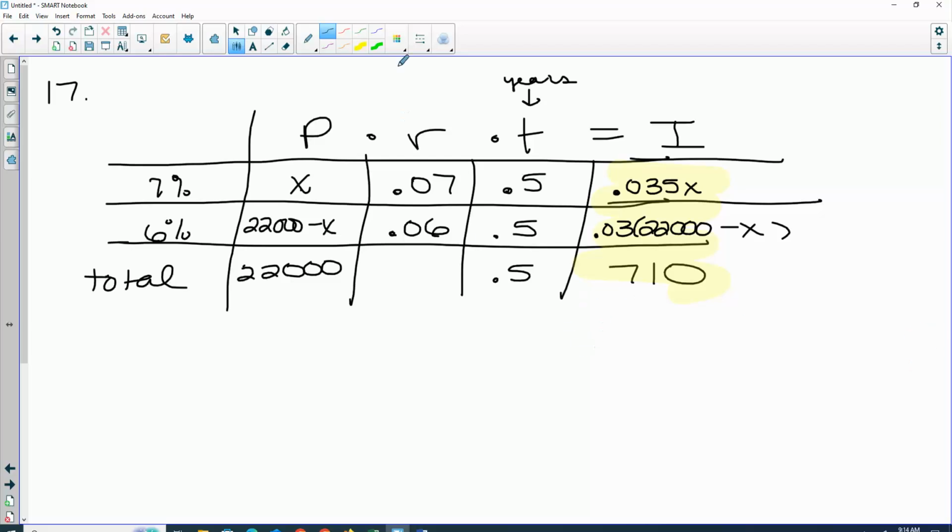All right, and then how do we use that to write an equation? Right, but what would my equation be? 0.035x plus 0.03 times 22,000 minus x equals 710. Remember if we get that final column, you're always just adding the first and second to equal our total.